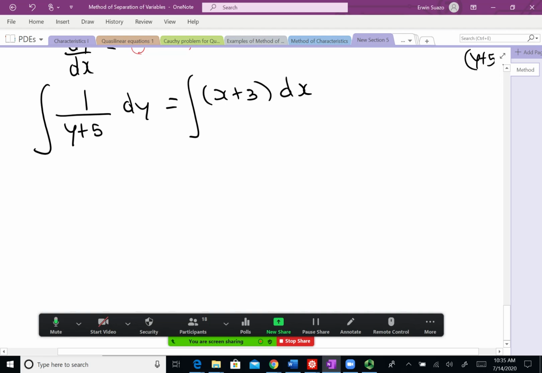So now what is gonna be the integral? What is the integral on the left? No, we can integrate this guy right away. How can we find that integral?